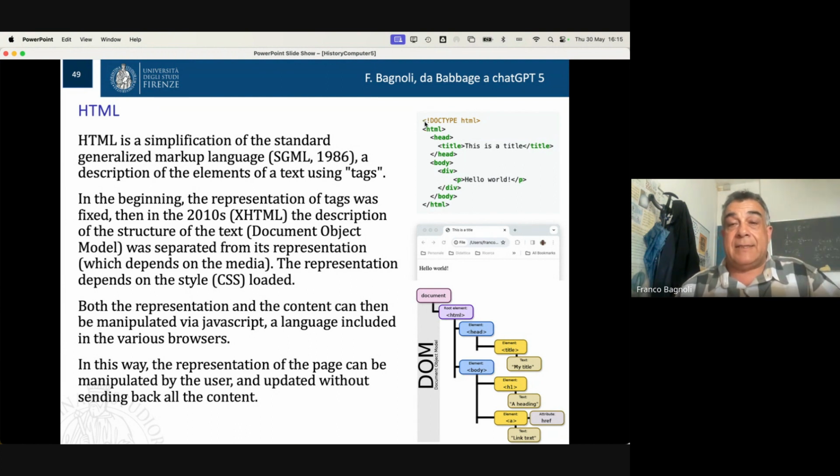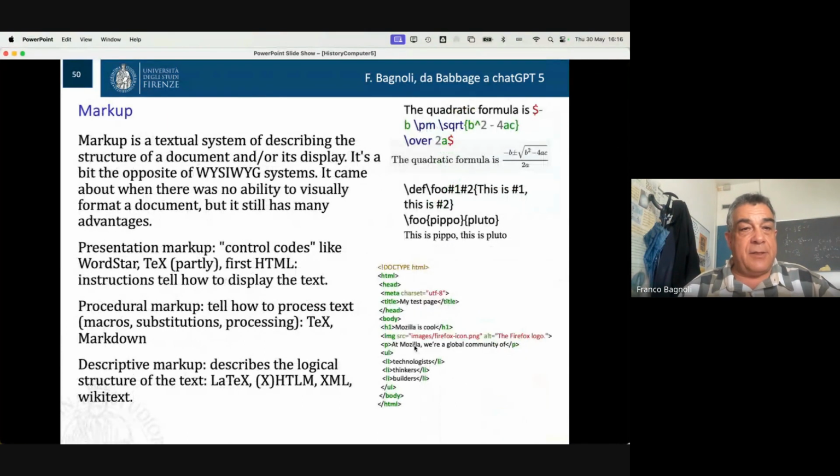For instance, you could ask for a different representation for printing or for screen, or for people who are visually impaired, so that this has to be represented as sounds, for instance, with a speech synthesizer, and so on. So with the style sheet, you can change how the same text appears just by changing its representation, and so this is essentially the birth of HTML.